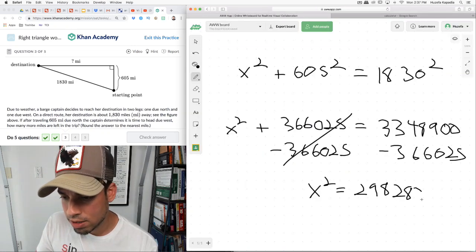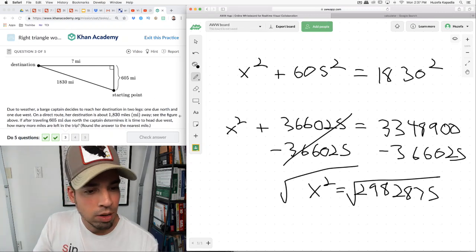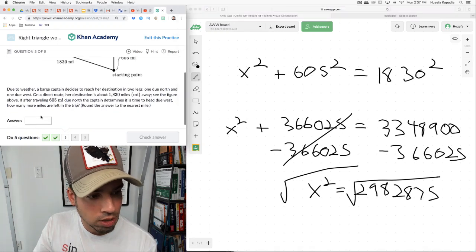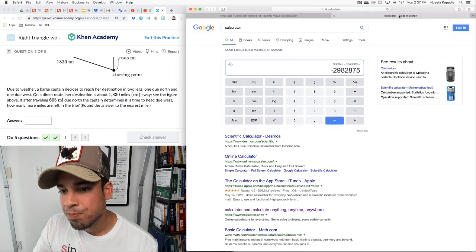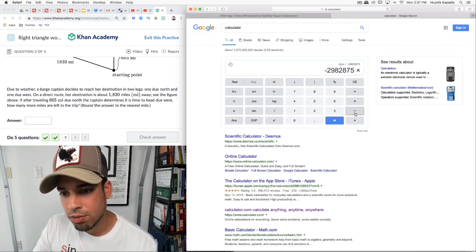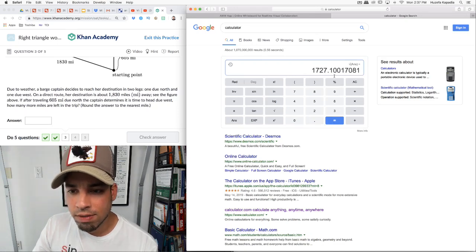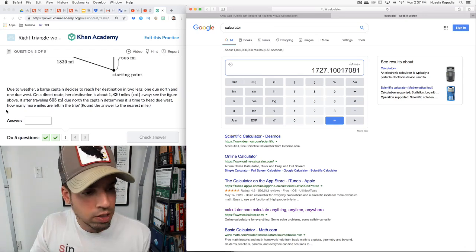And then we take the square root of this, and we're good to go. And again, we want to round to the nearest mile. So watch that instruction, especially on the free response. Let's multiply this by -1, make it positive, and then we take the square root. So it's 1727 rounded. It's just that, because it's 0.1, 1727, done.